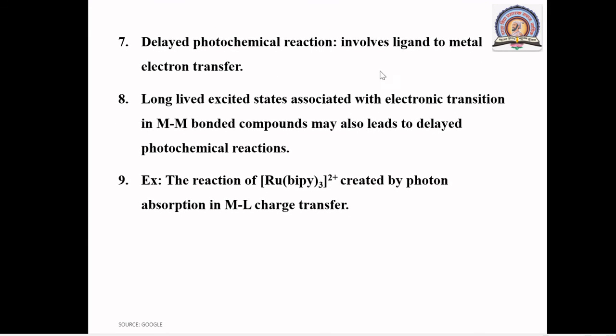While delayed photochemical reactions involve ligand to metal electron transfer. Ligand to metal, not metal to ligand, ligand to metal electron transfer.